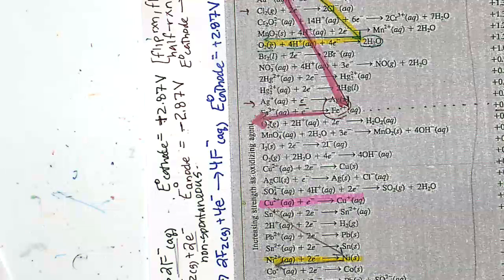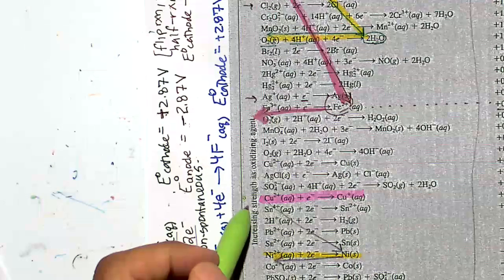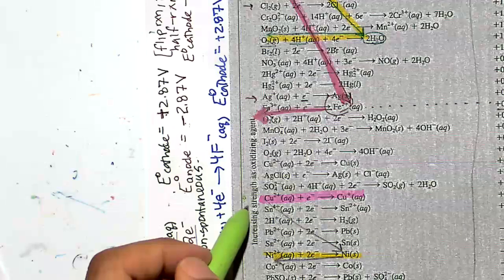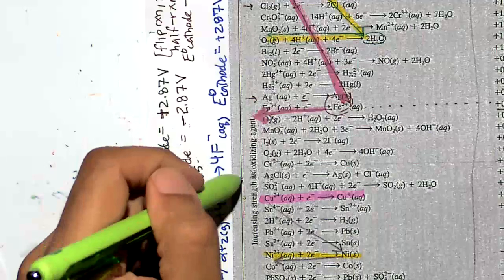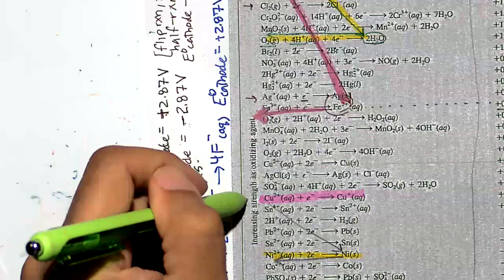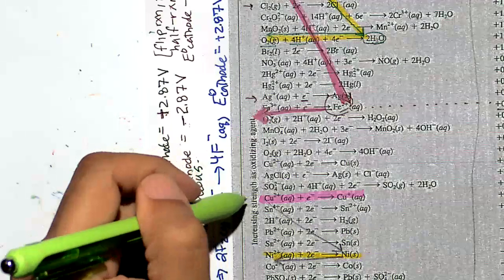So what are the two ways you can get a positive voltage and a successful battery? You pick whichever half reaction, and then anything below it, what can it do? It can oxidize it, so anything below it will get flipped. What about anything above it? Can it get flipped?